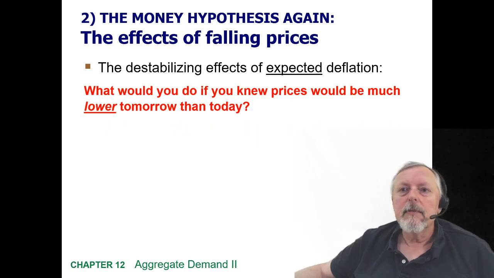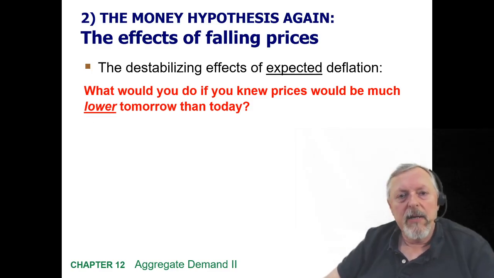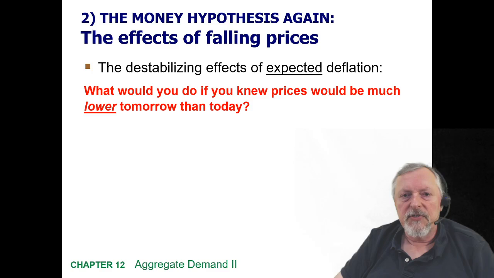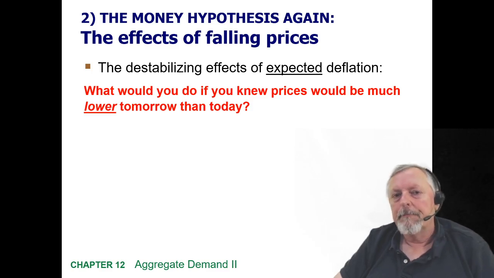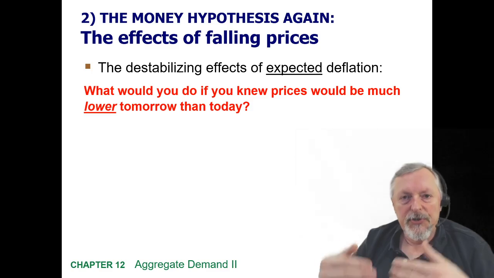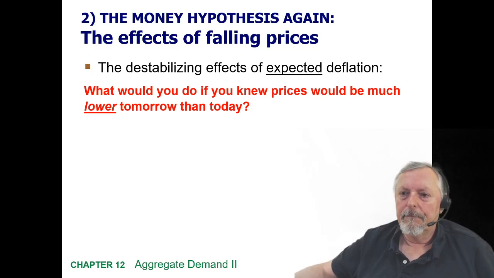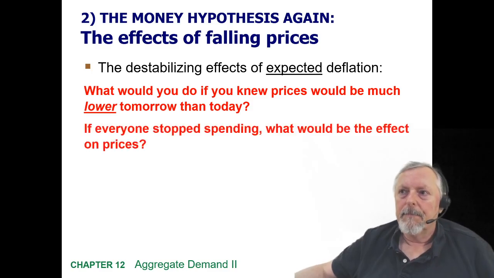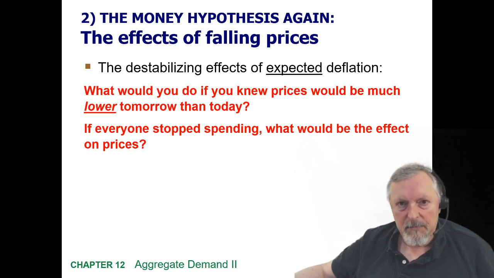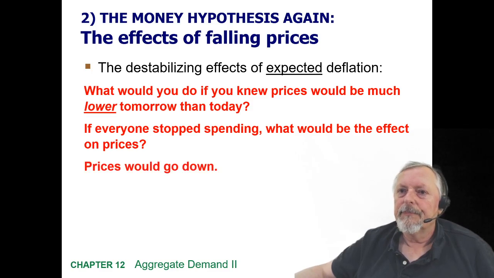So that's for buying a car, but what if you knew that prices in general would be much lower tomorrow than they are today? You would postpone buying things. That is, you would reduce your spending today. And if everyone stopped spending at the same time, what would happen to prices? Obviously, prices would fall.